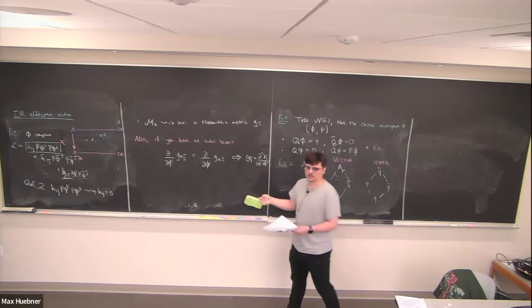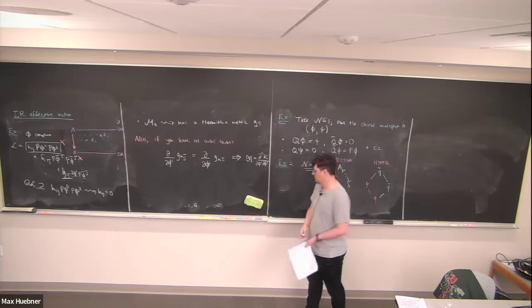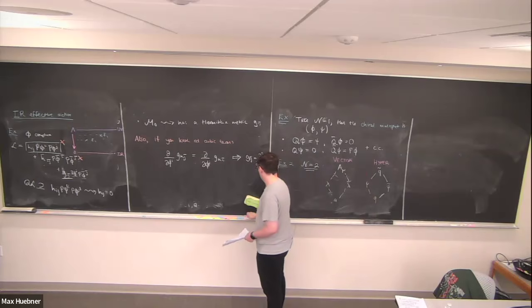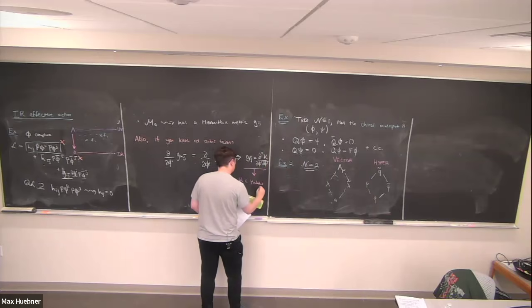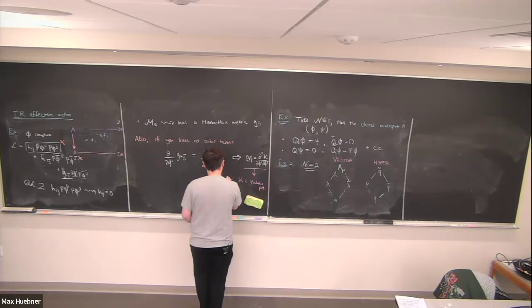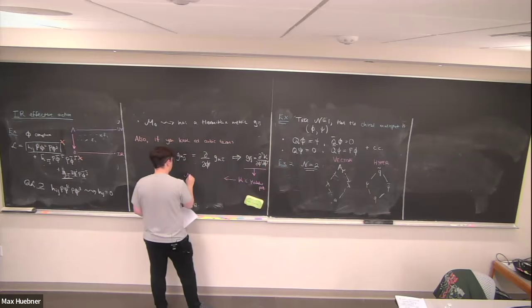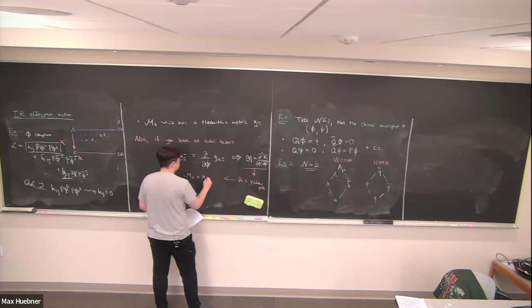By the style of Poincaré lemma, basically. Right. So this thing, K, is called the Kähler potential. And this makes M naught a Kähler manifold.